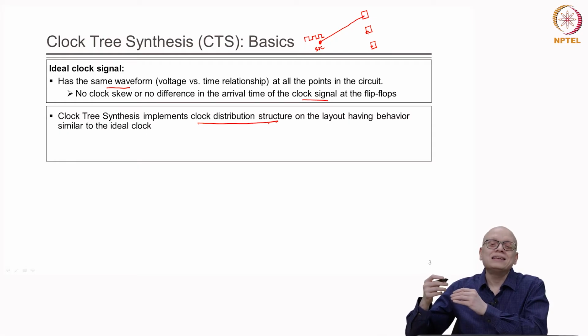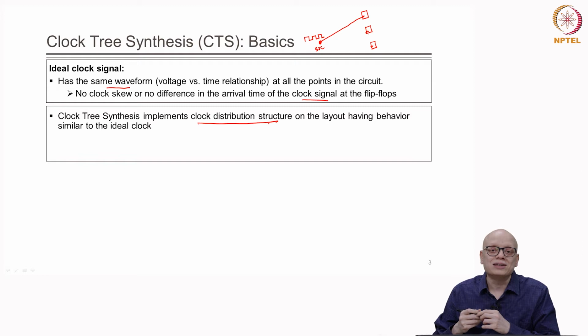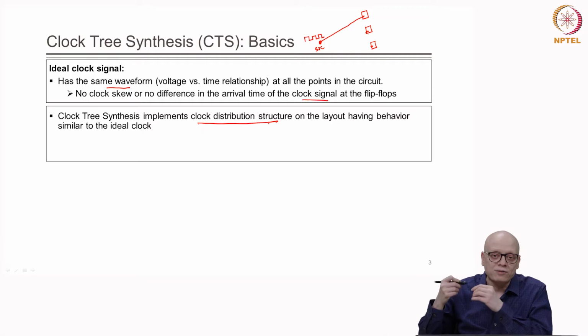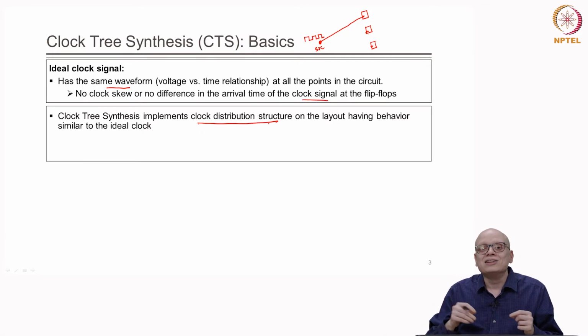The ideal clock is the one which we want, and that is what is targeted. But due to the delay effects in the clock network, a clock network can never be implemented such that the clock is ideal, meaning that there is no skew.